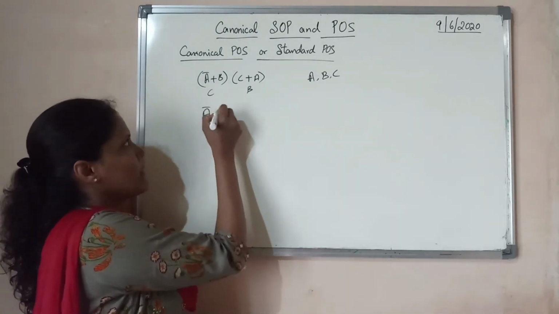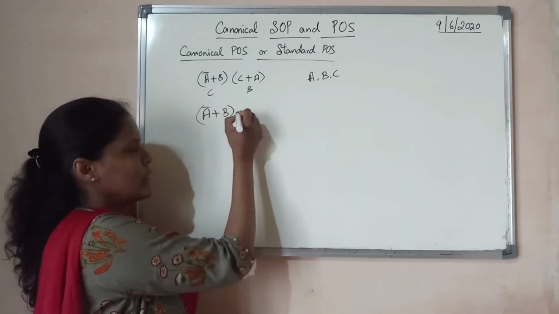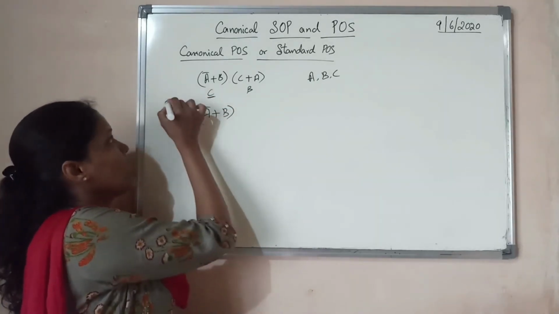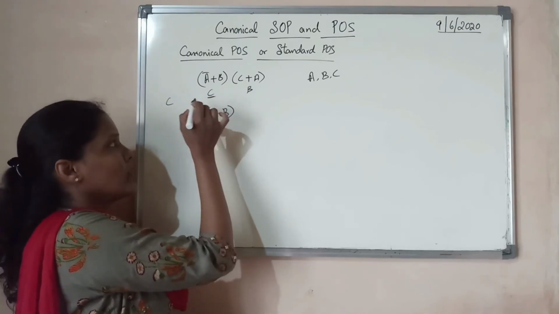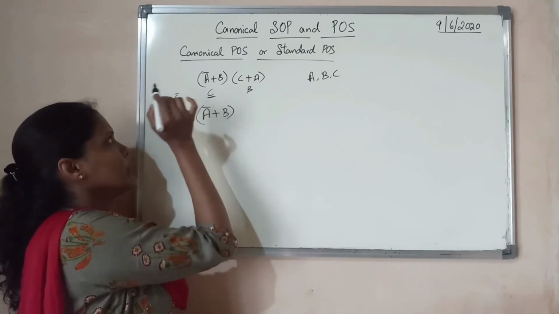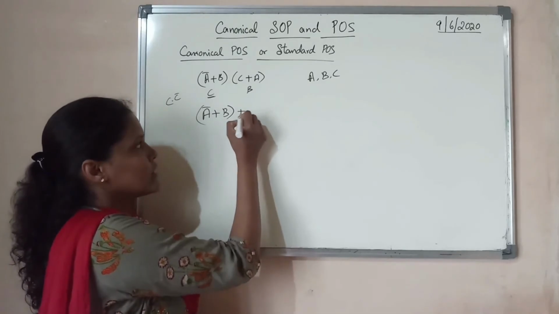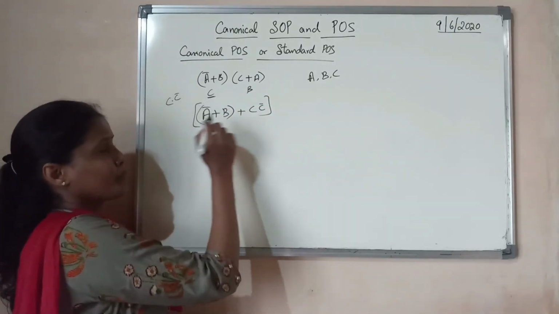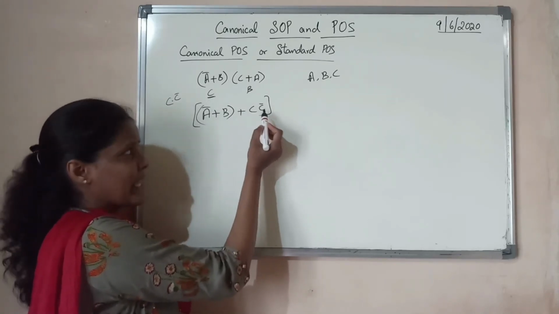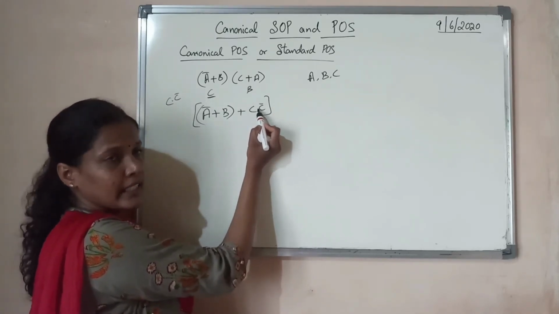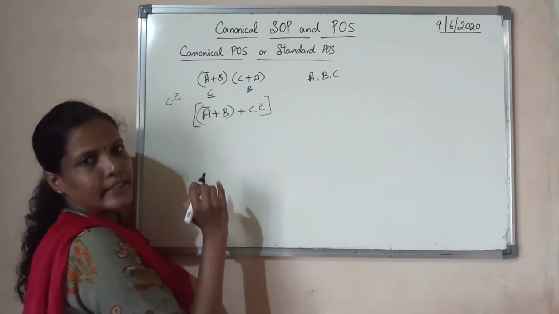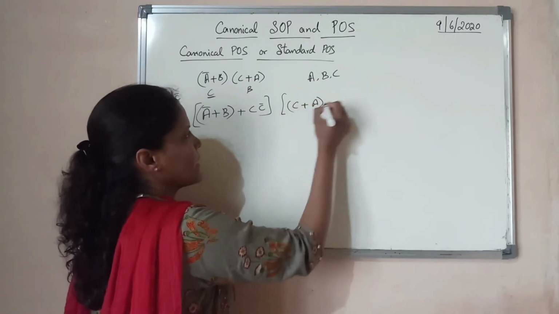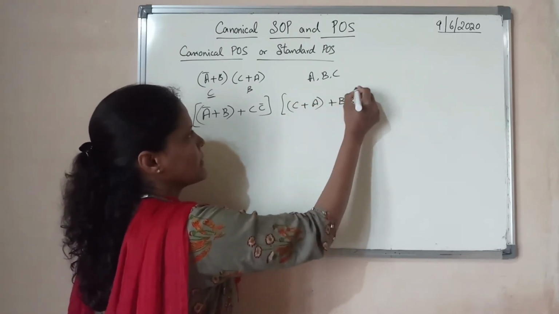That is, A bar plus B: here C is missing, so take the missing variable C and its complemented term, AND them, and OR that with this. This is the expression. You have to form a term by ANDing the missing term and its complement. Next, in the second term B is missing: C plus A plus B, B bar.